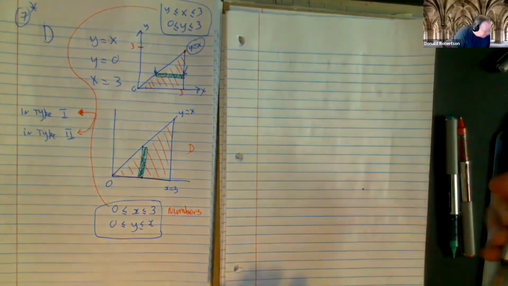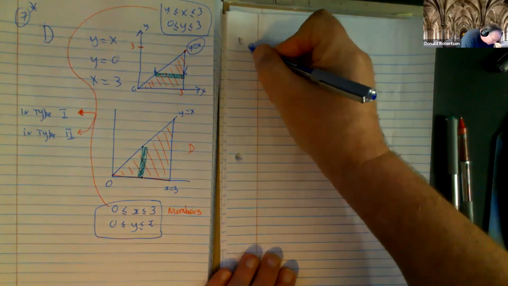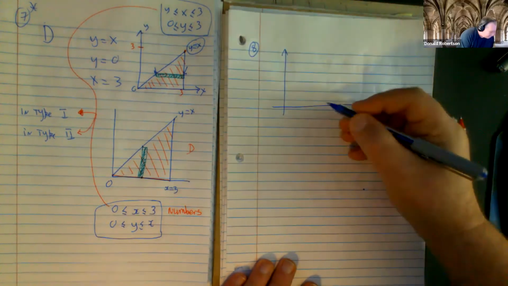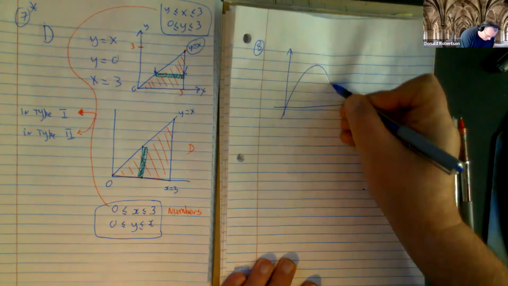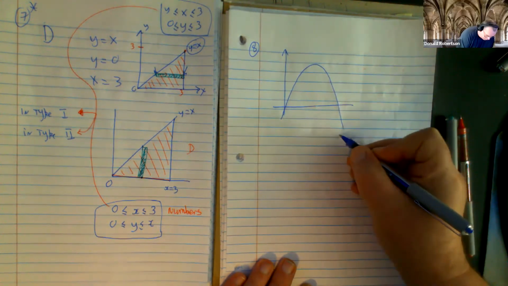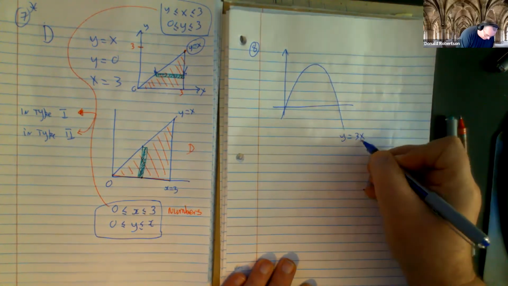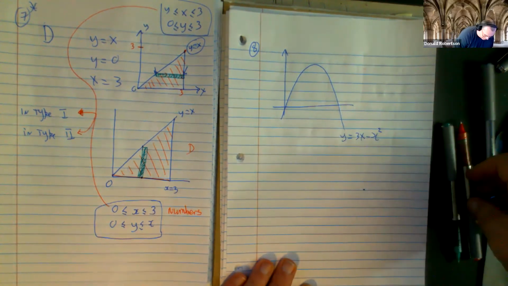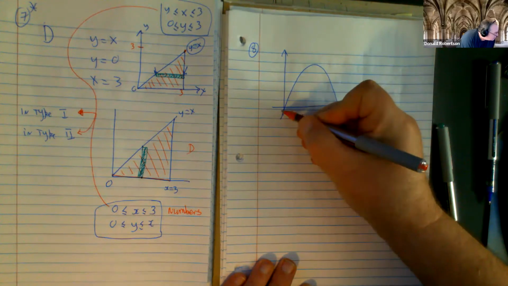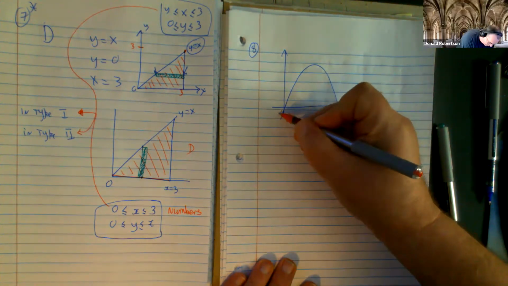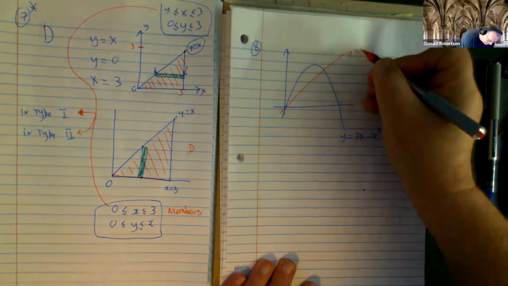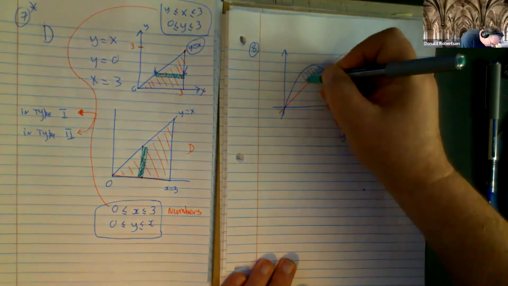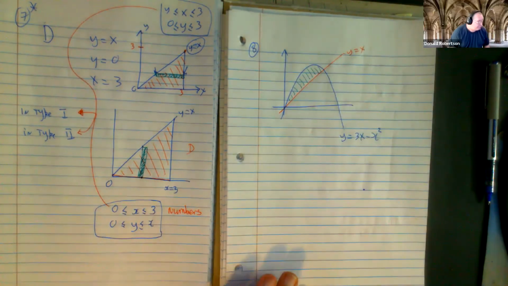So this is question 8, very visual, so I'll just draw it. We have a quadratic whose equation is 3x take away x squared. And then we have a straight line. They have no imagination here. Y equals x again. And the region D is that piece because they shaded it.